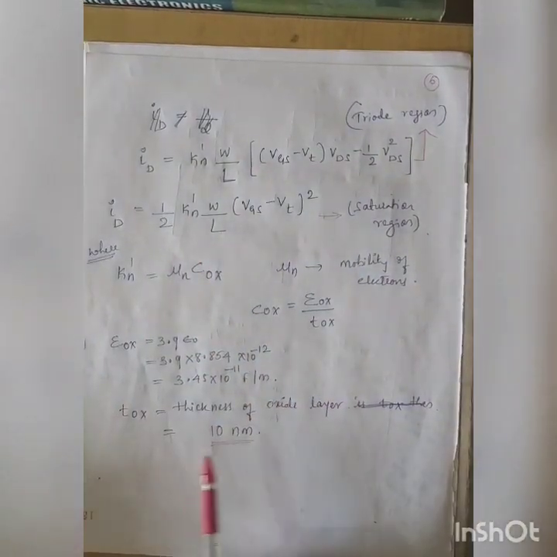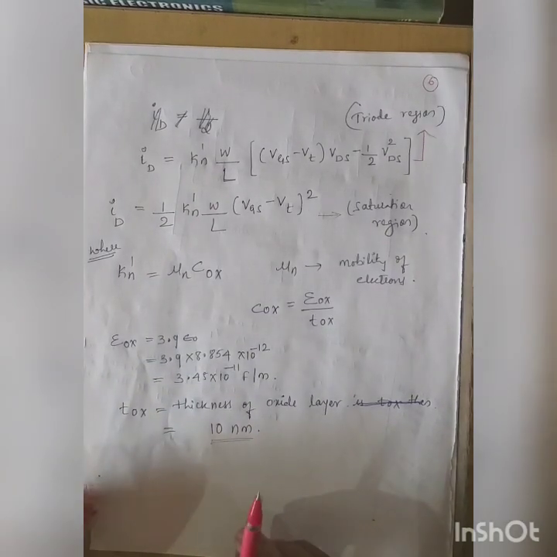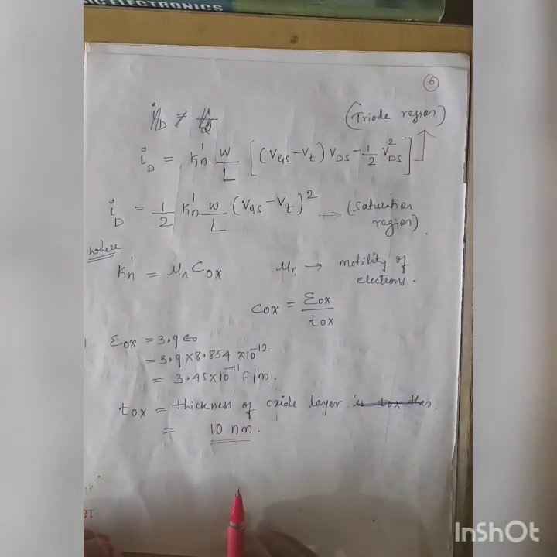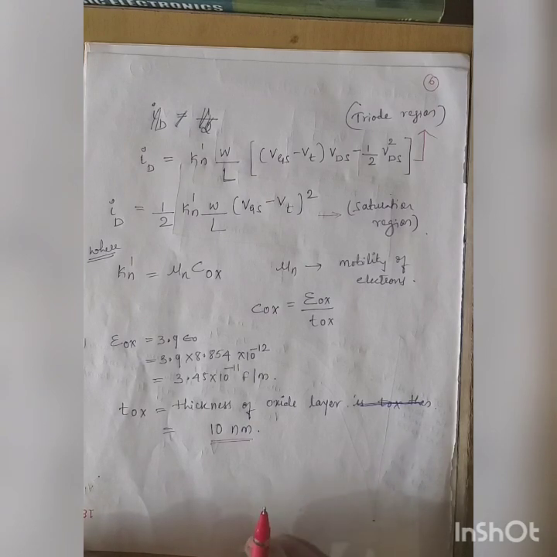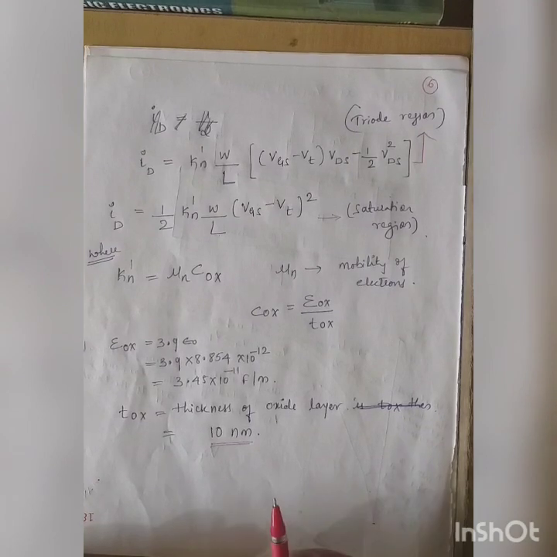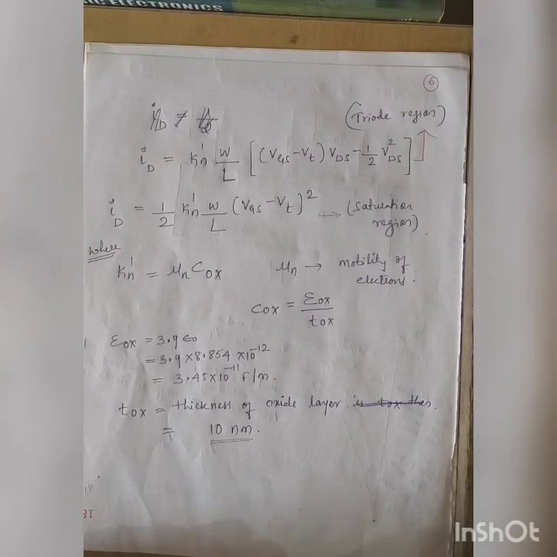Let me tell you, all this is not there in your syllabus, but your syllabus starts with biasing of the MOSFETs, and since you don't know much about the MOSFETs, I have just given you the introduction. You should at least know how this works. What do you mean by source? What do you mean by drain? What do you mean by gate? What do you mean by channel? And what are the currents ID, VDS, VGS?